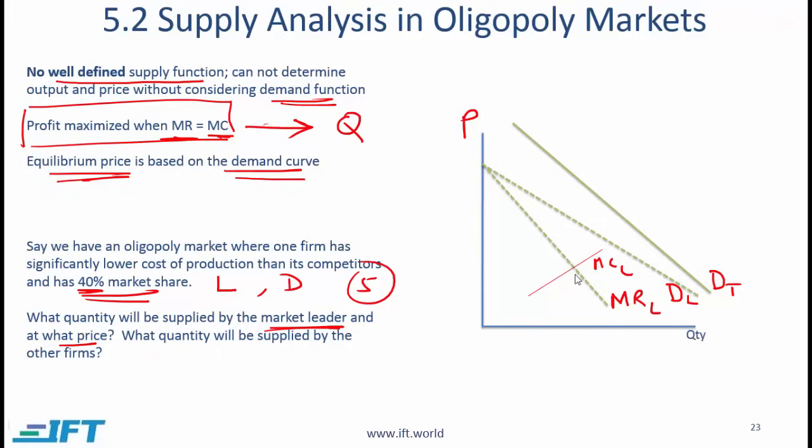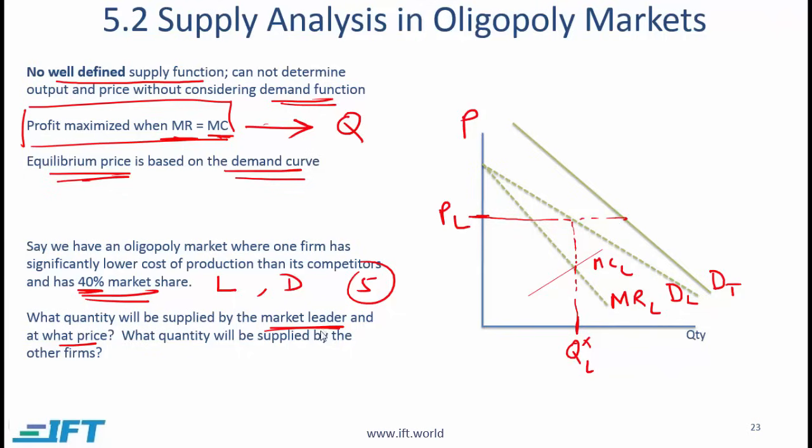So the profit maximizing quantity is given by Q star. Q star is the profit maximizing quantity for the leader. And the price that will be charged by the leader is going to be this price over here. So price leader. And this is the quantity that will be produced by the leader. The overall quantity which is demanded at this price is given by the demand curve.